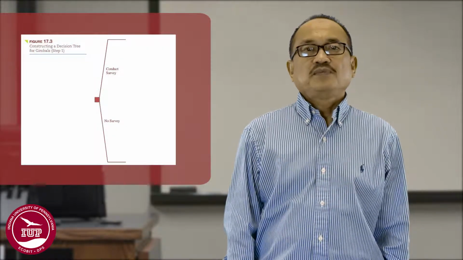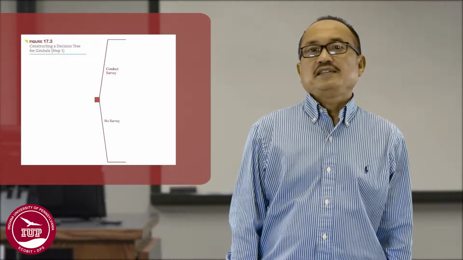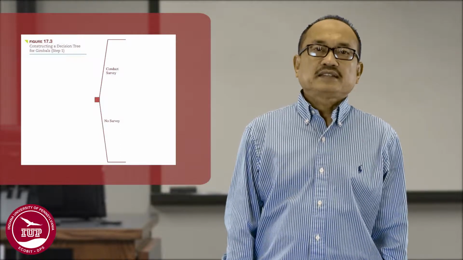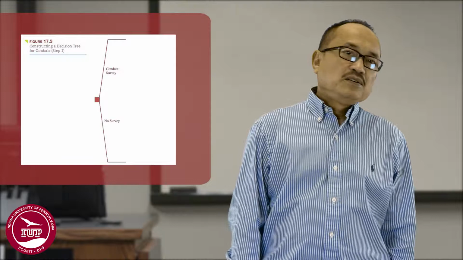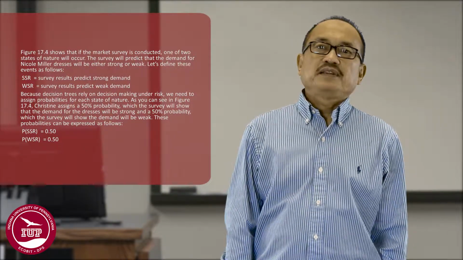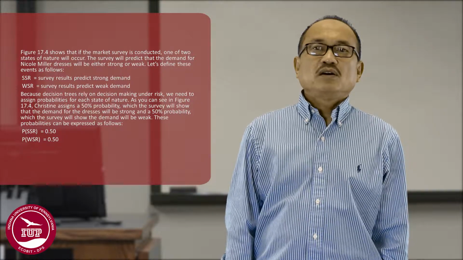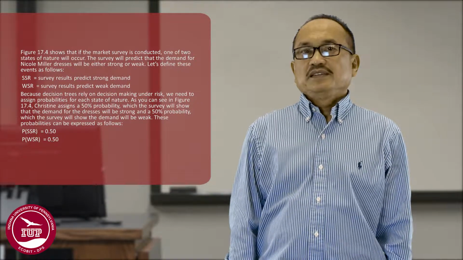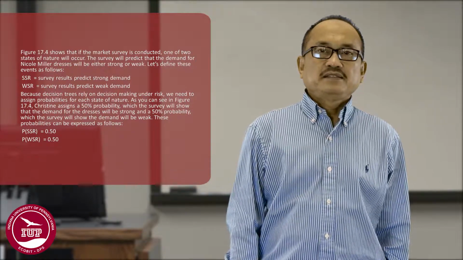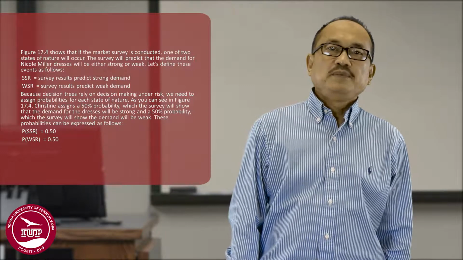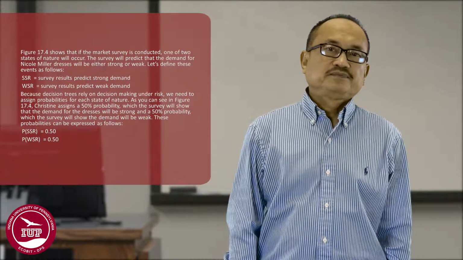Figure 17.4 shows the state of nature that will occur if a survey is conducted. If the market survey is conducted, one of two states of nature will occur. The survey will predict that the demand for Nicole Miller dresses will be either strong or weak.